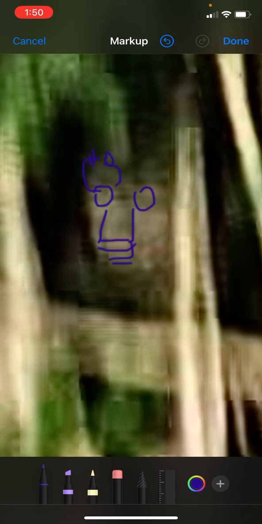And what's interesting about this is that this Sasquatch is waving at me. And what I mean by that is if you look right here, you'll see he's got his hand up in the air like that. And look at those claws, man.